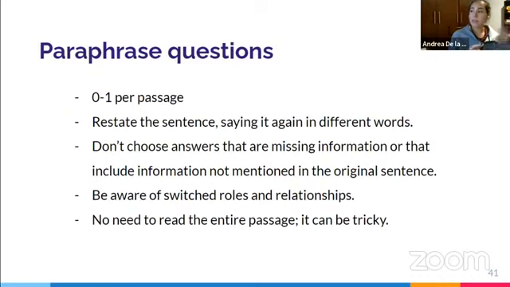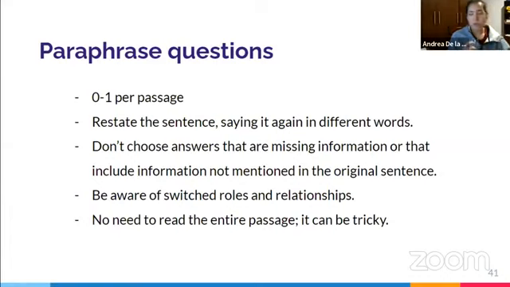They will give you a sentence, and we're gonna call that the original sentence, and they will ask you which of the 4 options that they give you, A, B, C, and D, best paraphrases and summarizes. This is kind of implicit, but it's also sometimes a summary, the information in the original sentence. So you have to choose one option that is the closest one to the original sentence.